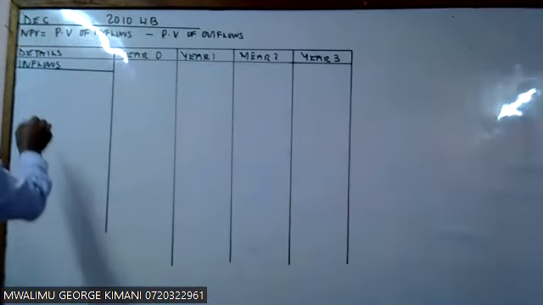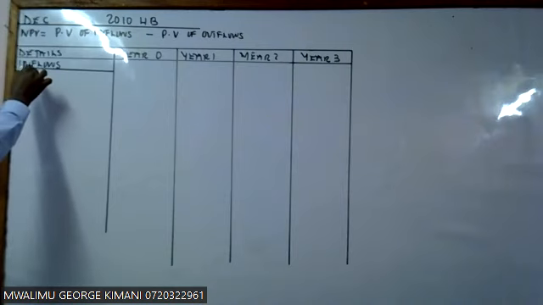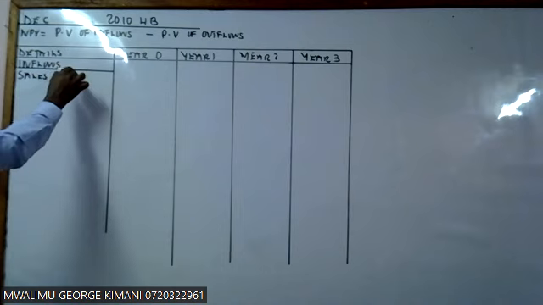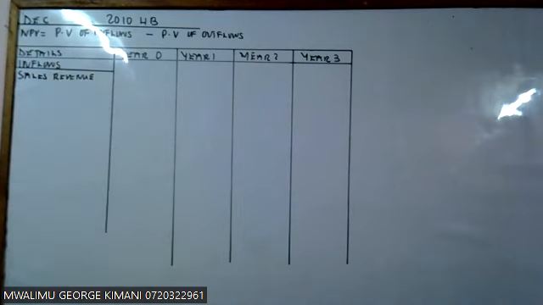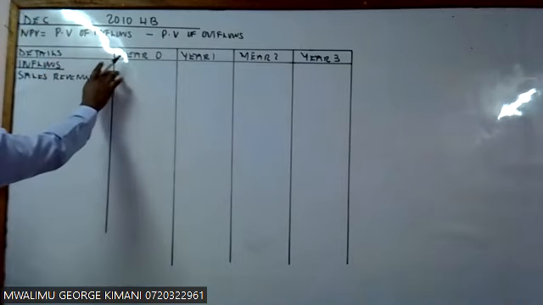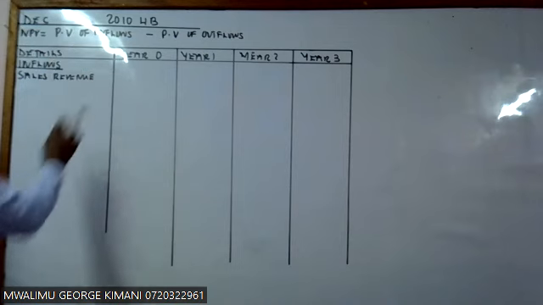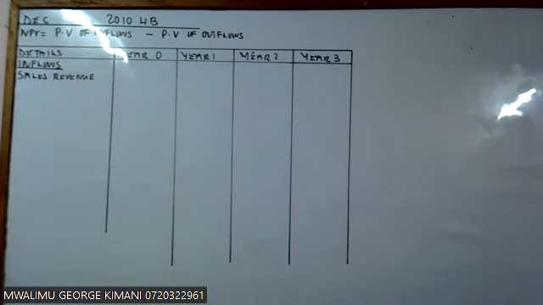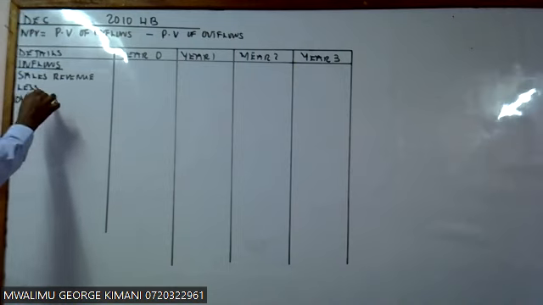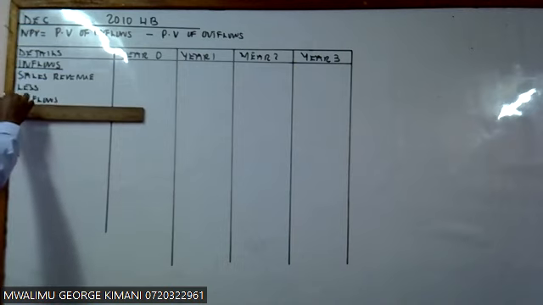So it is the sales revenue. And so we can say less outflows.